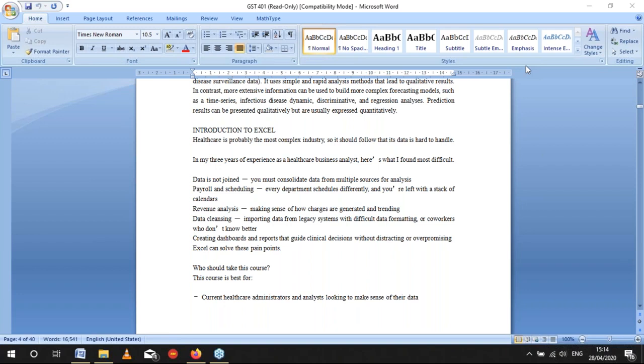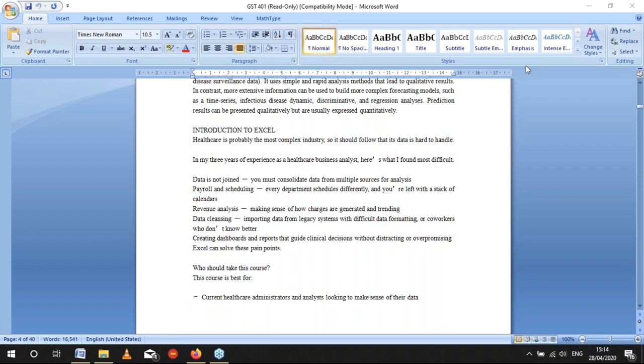Healthcare is the most complex industry in the world, and so it's difficult for them. Data is very hard to handle for healthcare people, and I gave the reasons. Number one is that you cannot join data in healthcare.